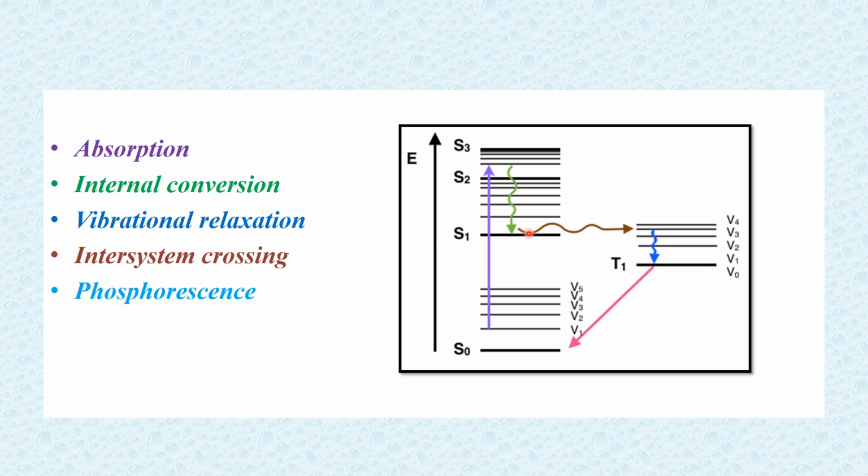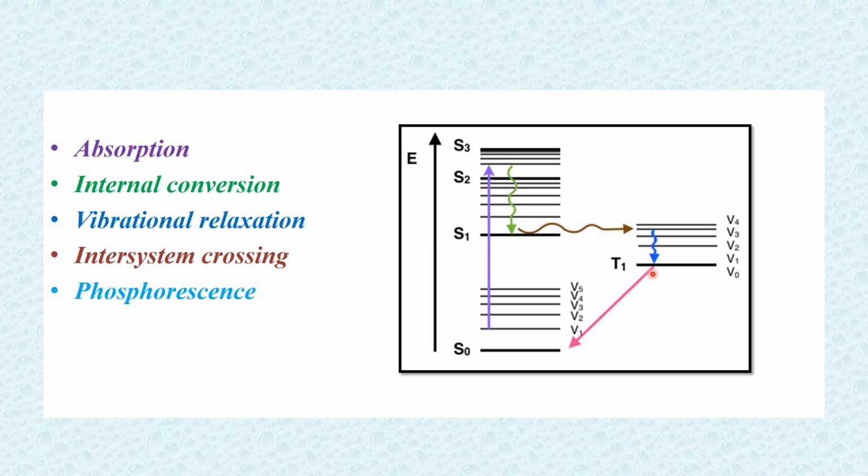Third one is intersystem crossing. When an electron shows transition from one spin state to another spin state of the same energy, it is called intersystem crossing.